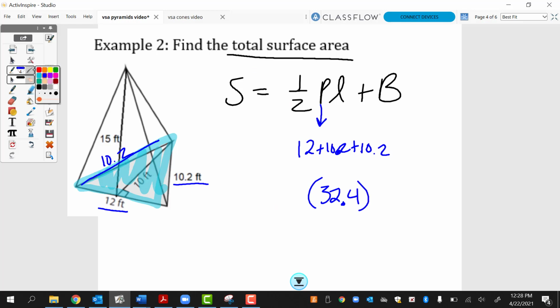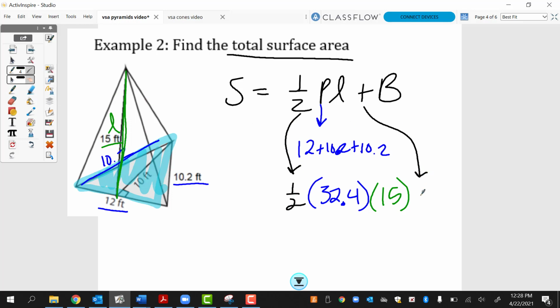Okay, my slant height, where is it? Here we go. It's slanted, it's on the side, it's 15. So I'm going to plug that in, 15. And then I'm putting my 1/2 in the front, because that's where it goes. Bringing the plus sign down. And now I've got to figure out what is big B. So I need to pick a formula. What shape is my base?